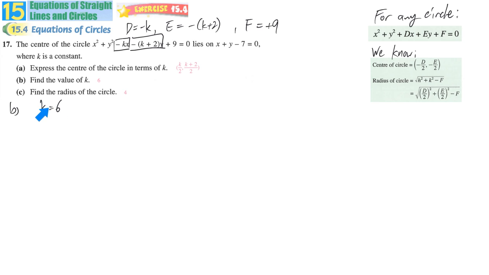After we find out what k is, we have the full picture of this circle already, so we should update the information, replace k by 6, and see how it looks. Circle: x squared plus y squared minus 6x minus (6 plus 2) times y plus 9 equals 0.